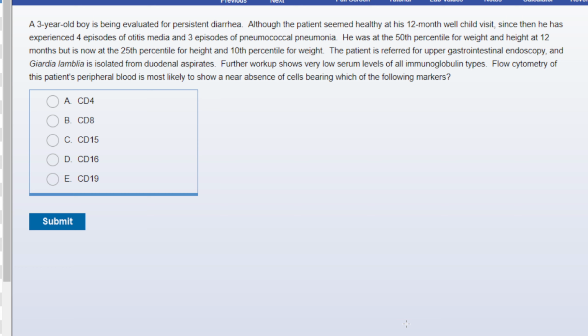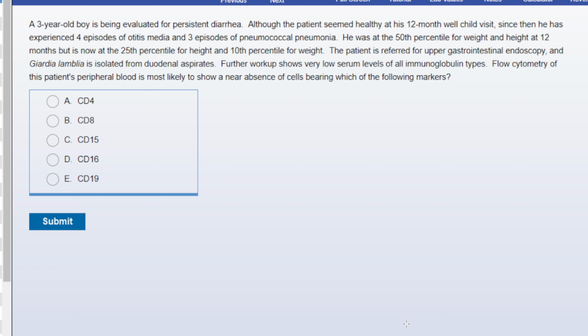The patient is referred for an upper gastrointestinal endoscopy, and Giardia is isolated from duodenal aspirates. Further workup showed very low serum levels of immunoglobulin types. Flow cytometry of the patient's peripheral blood is most likely to show near absent cells bearing which of the following markers? So this little boy, the immune system is fading.